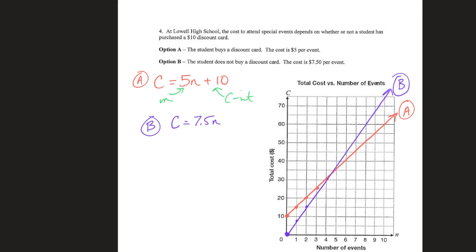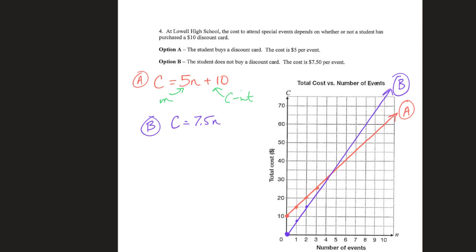I want you to take a peek at how you graphed that. Look at your picture right now. And if I was to ask you, you planned on going to 2 events. Which option should you pick? I hope that we would all pick option B, because when you look on your graph, a cost of 2 events for option B is only that much.